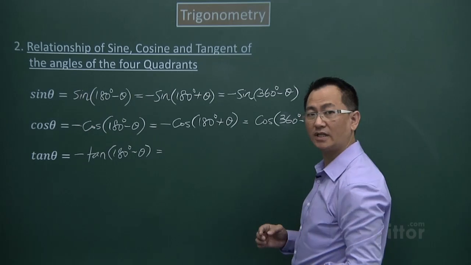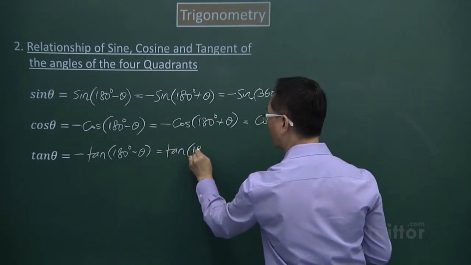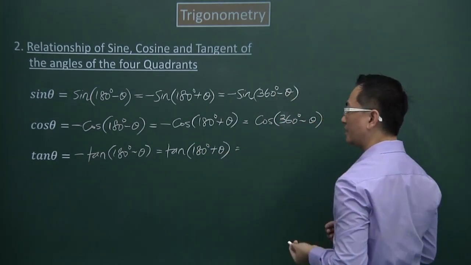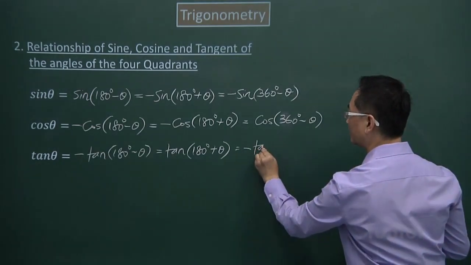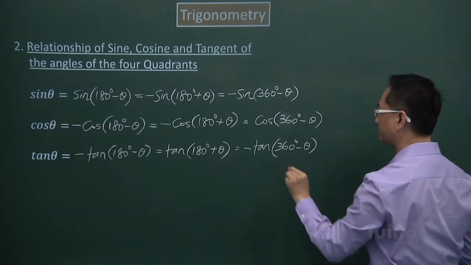And for the third quadrant, tangent is positive. So tangent, the third quadrant angle. And tangent is negative in the fourth quadrant, negative tangent, the fourth quadrant angle.